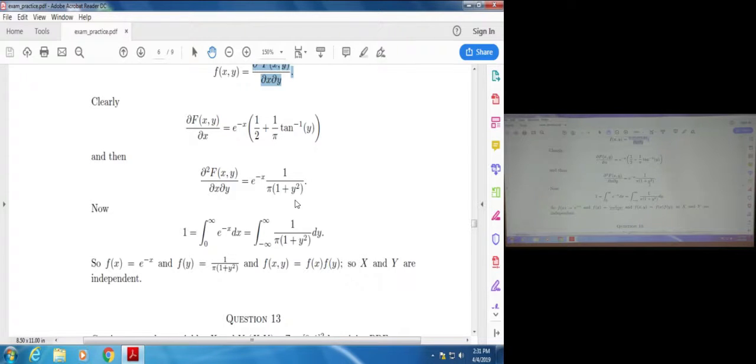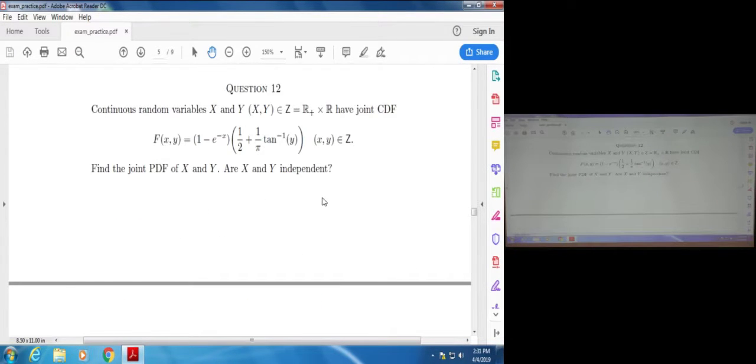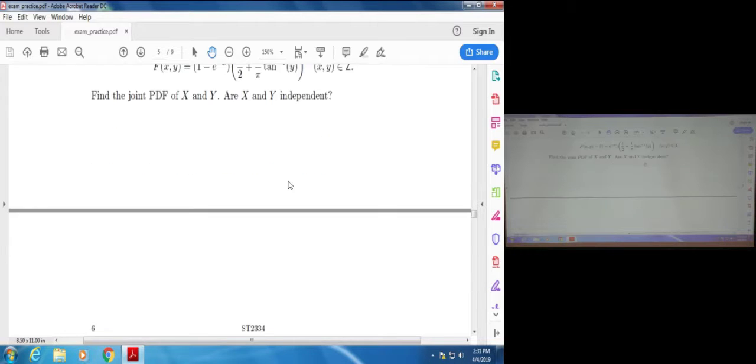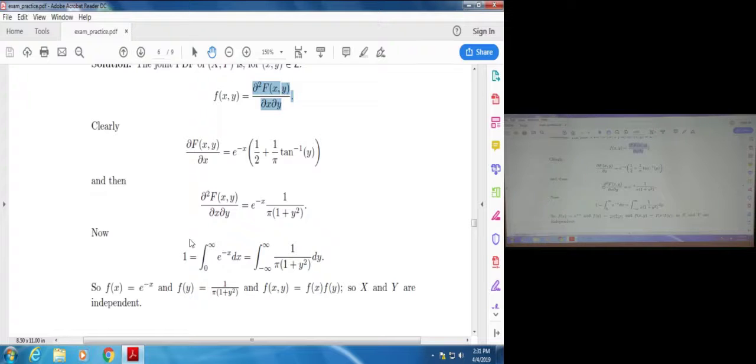Okay. So that's the joint PDF for x and y in this support. Now we want to know whether x and y are independent. Again, it's pretty obvious to me because I can see that this is a product of two functions, so they pretty much are. But to verify that, we can show it very simply. The integral between 0 and infinity of e to the minus x dx is 1.